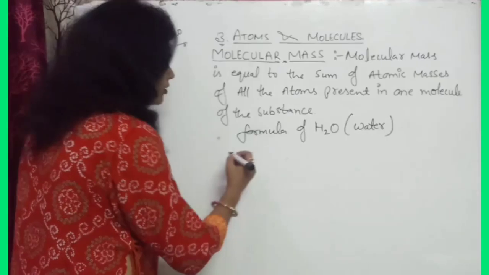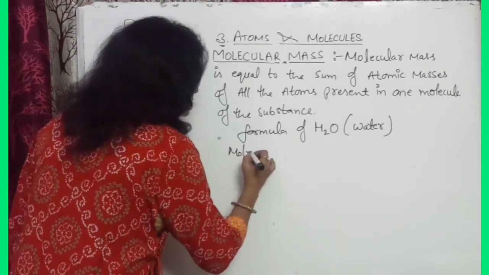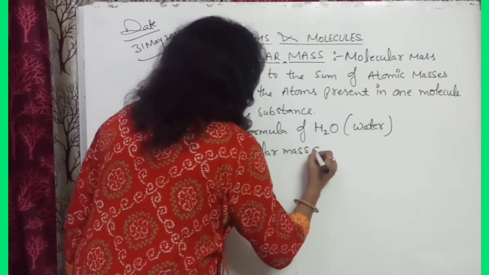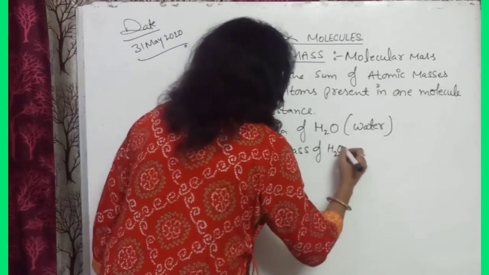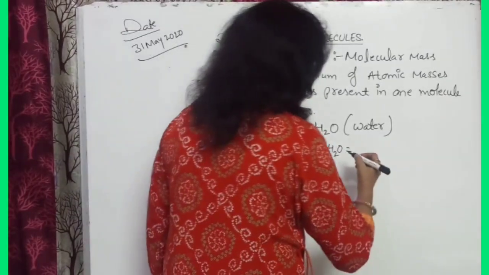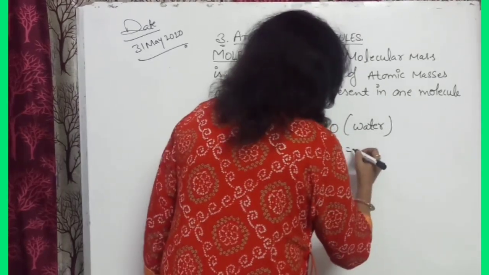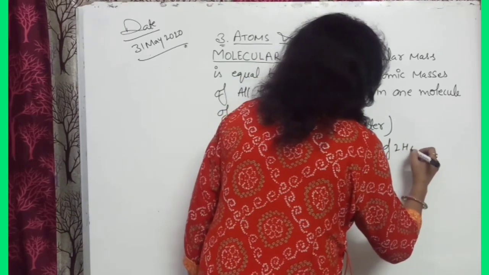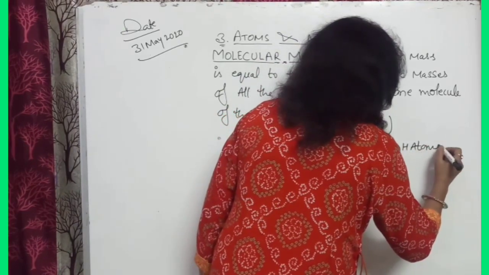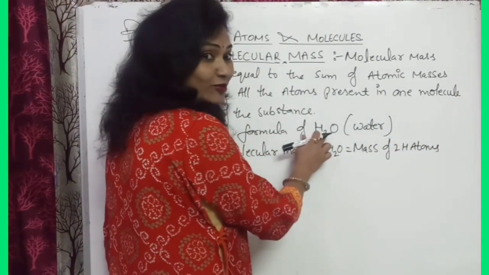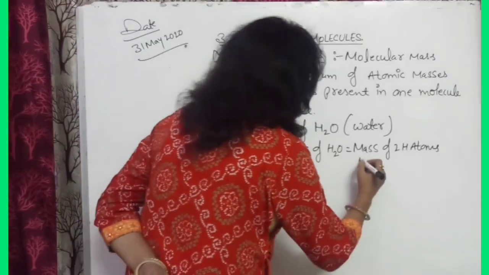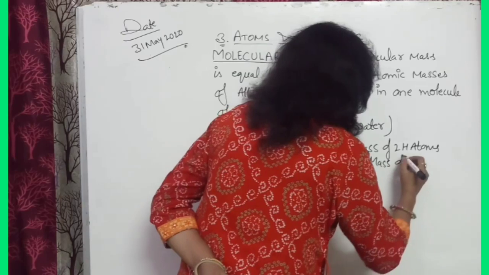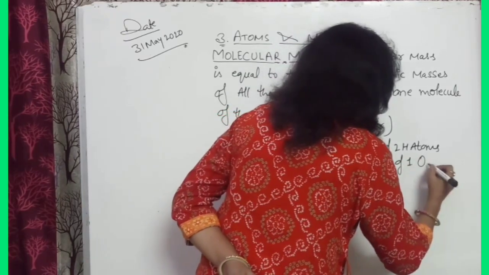Molecular mass of water, that is H2O, equals the mass of 2 H atoms, 2 hydrogen atoms, plus the mass of 1 O atom.